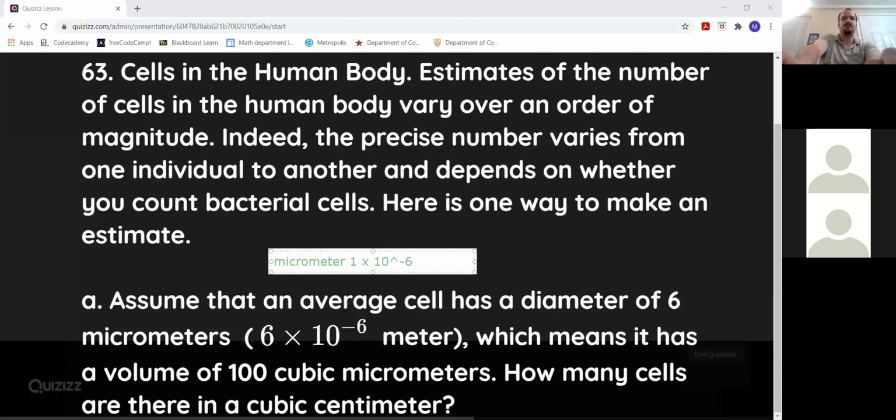So that's what that sort of information is giving you. 1 micrometer is that many meters, is what that's also telling us. Which means it has a volume of 100 cubic micrometers. How many cells are there in a cubic centimeter?